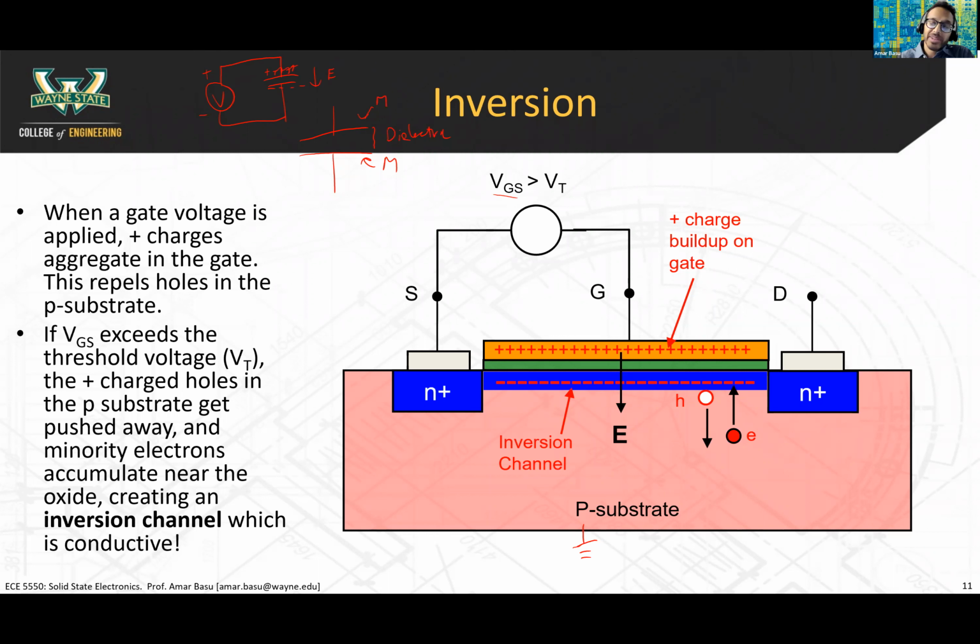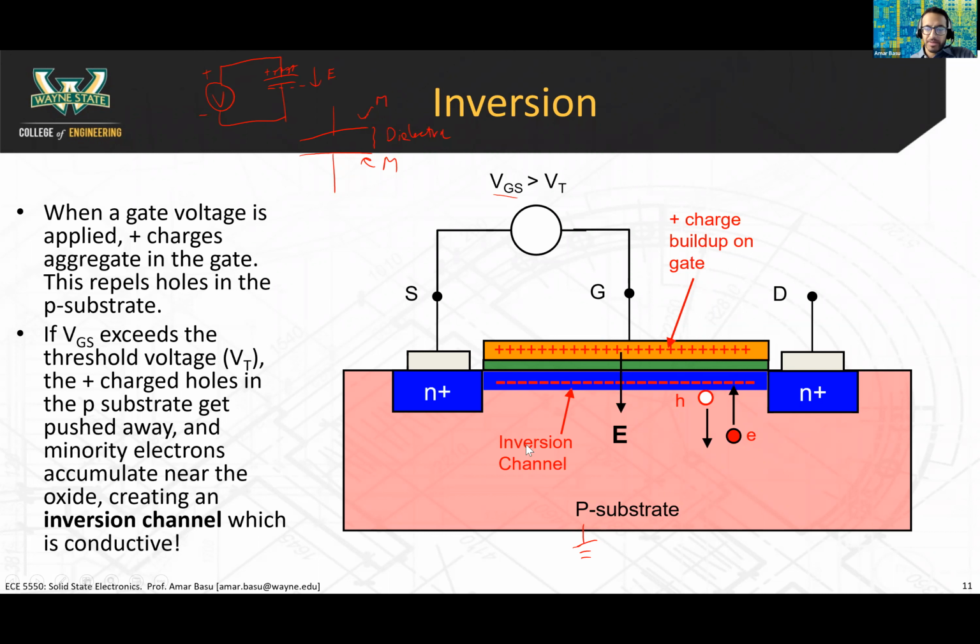An N-type material has lots of electrons, very few holes. So the field effect is essentially switching this from P-type to N-type just in that region where there's a strong electric field going through there. It inverts the material from P-type to N-type. Very, very interesting effect.